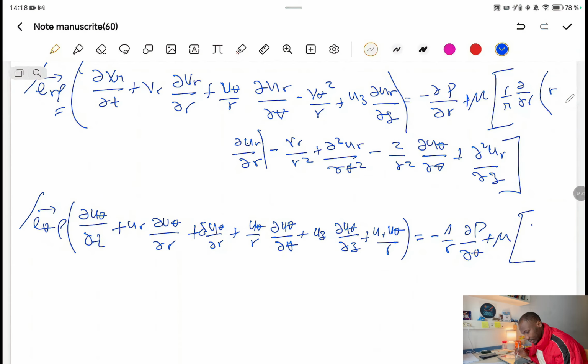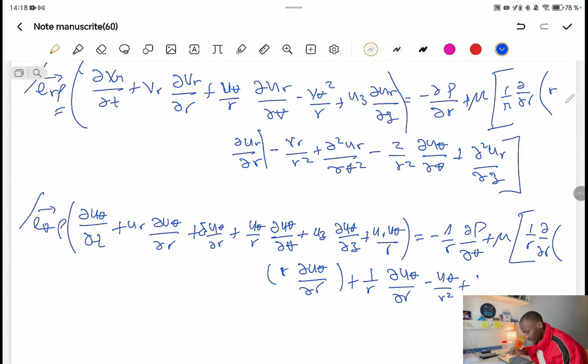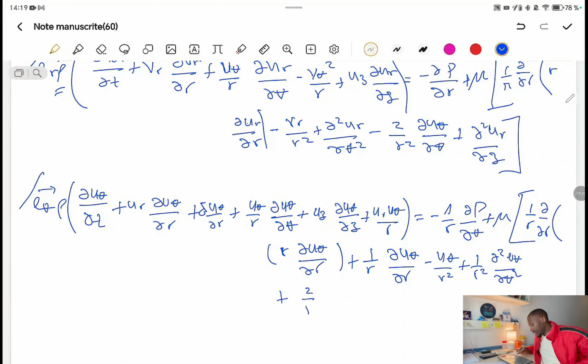times 1 over r, partial derivative in r of r times the partial derivative of v theta in r, minus the velocity in the theta direction over r squared, plus 1 over r squared times the second partial derivative of v theta in theta, plus again 2 over r squared times the partial derivative of vr in the theta direction, plus the second partial derivative of v theta in the z direction.